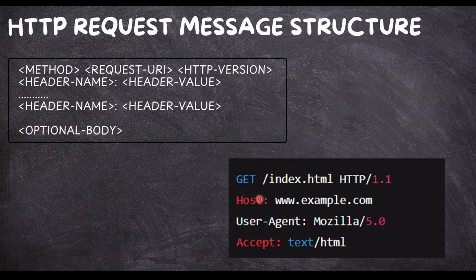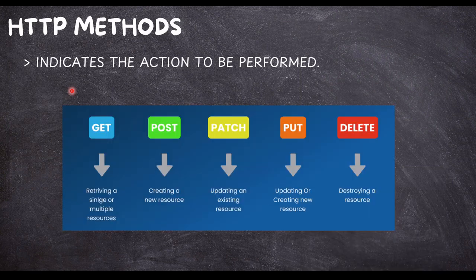Let's go straight to the structure of an HTTP request message. Here you can see the basic structure of an HTTP request message: method, request URL, HTTP version. What is an HTTP method?